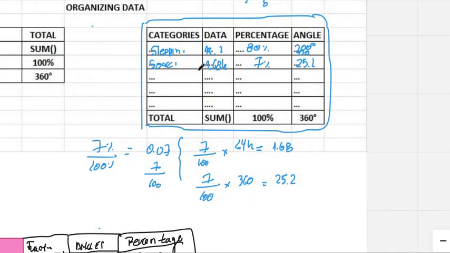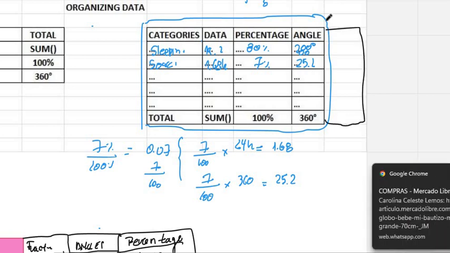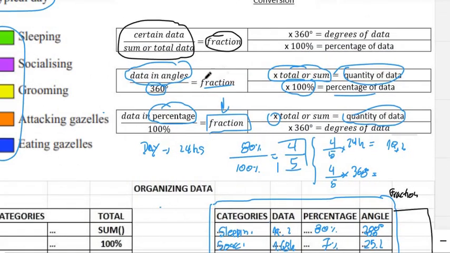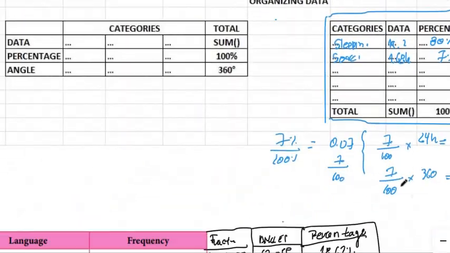You can complete the table like this. Here I didn't write the fraction, but you can add another column with the fraction. And now you know that the fraction is the one you will use to convert to the other units. Let's see one last thing.